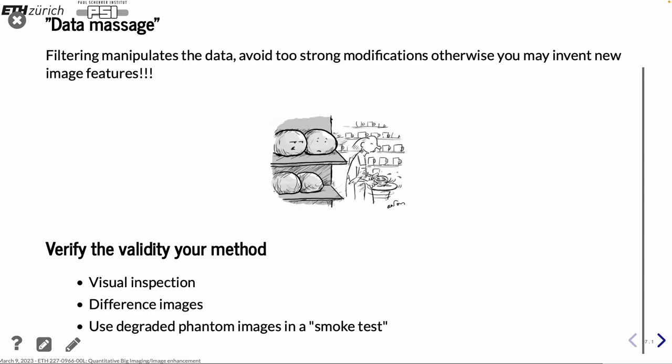The last is to build a framework where you apply the filter with different settings and different signal-to-noise ratios, and sometimes you can use phantom images for this. I call that a smoke test.